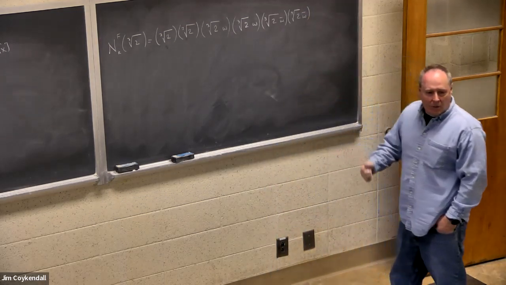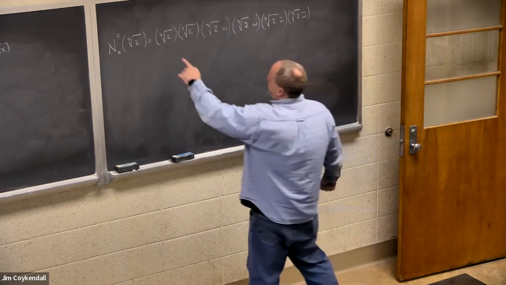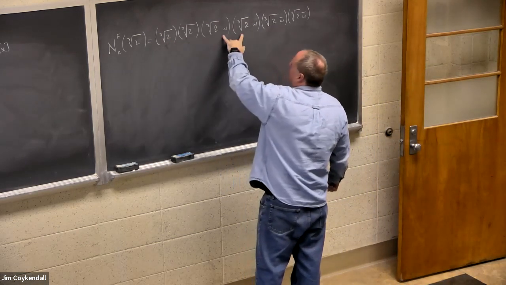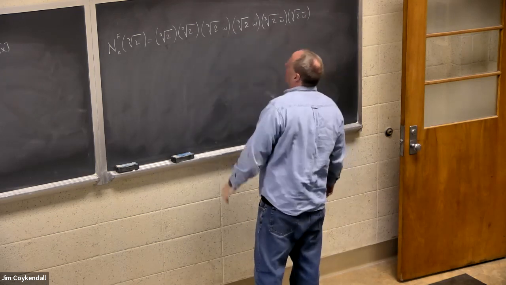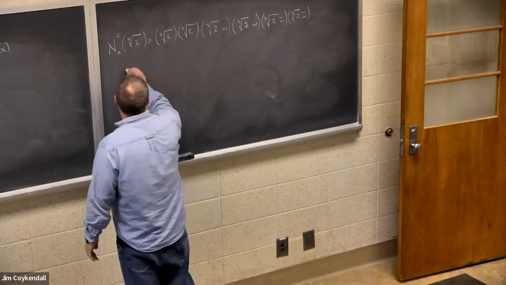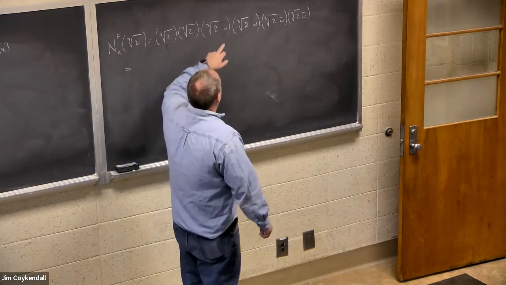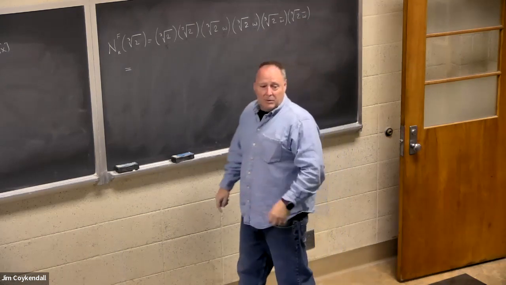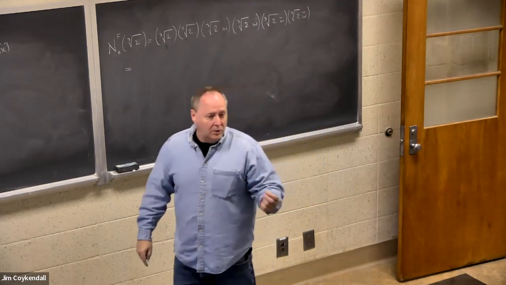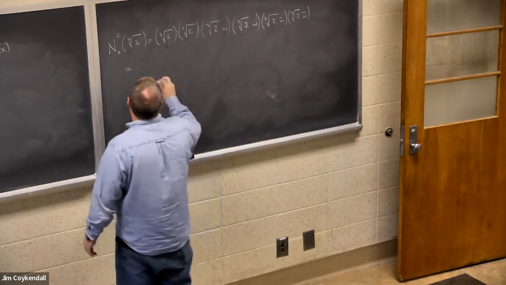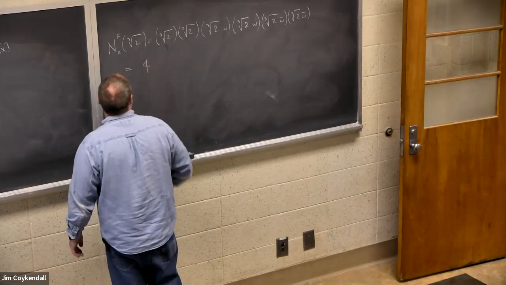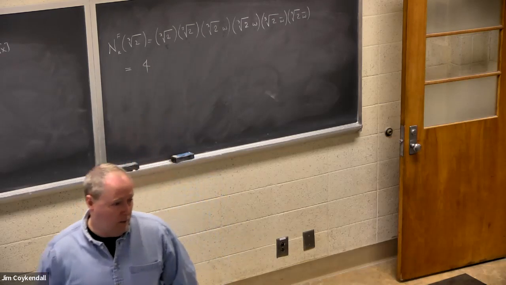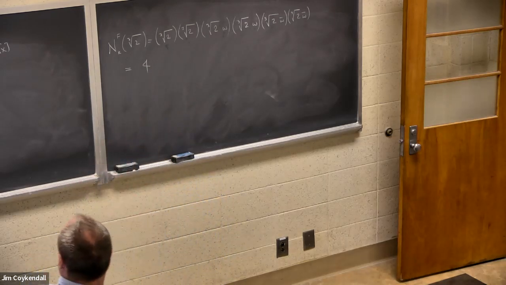So there are 2 embeddings, namely identity and complex conjugation, that leave this alone, 2 embeddings that take it to this root, and 2 here. If you multiply this big mess together, omega omega bar is 1, so that's gone. So basically what you get is the cube root of 2 to the 6th power, which is 4. Everybody okay with that? So that's what the norm is with respect to this field.